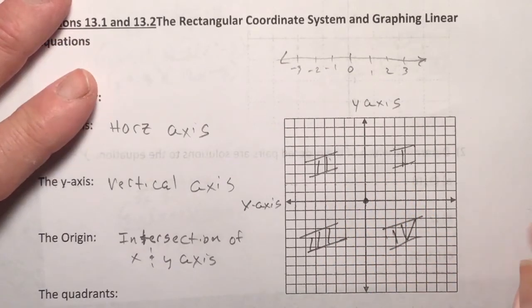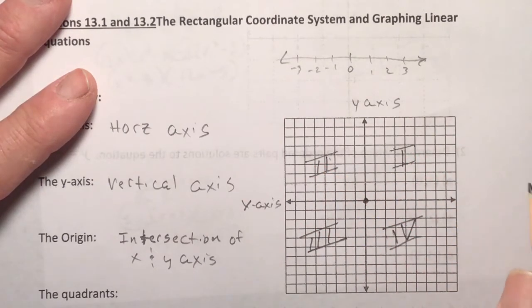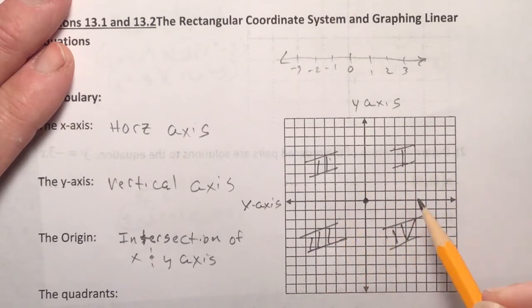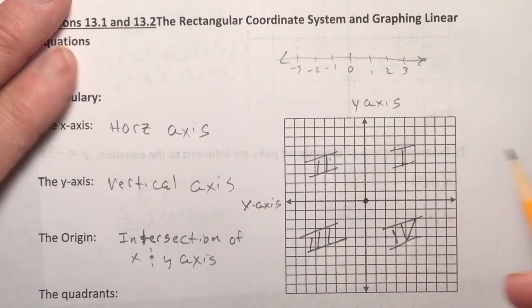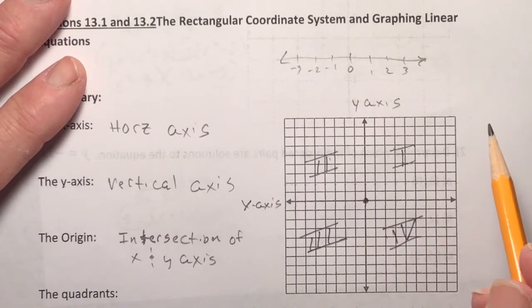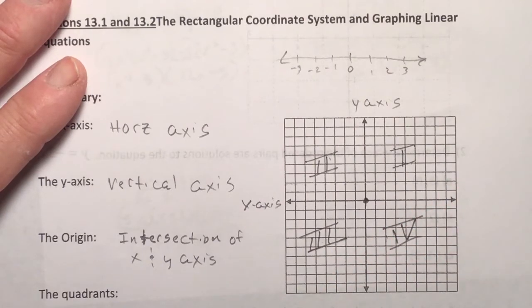Now, when you're talking about quadrants, you can figure out where ordered pairs fall by looking at the pair, and then you can know what quadrant it's going to reach into. When you're plotting things, it's good to know which quadrant you're going to, and you'll get a feel for it as you do more and more of these.